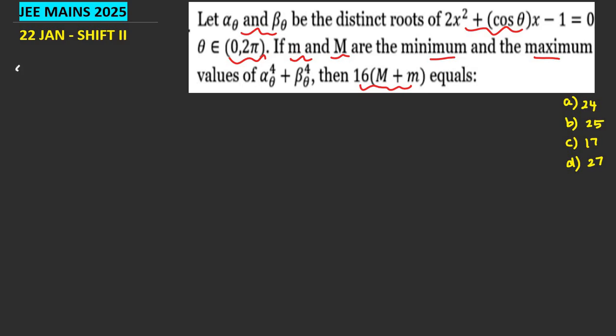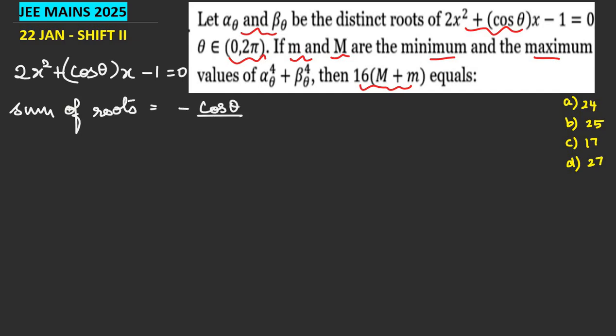So here let us first write the given equation 2x² + cos θ x − 1 = 0. Now the sum of the roots will be equal to −b/a, which gives us −cos θ/2. And the product of the roots is equal to c/a, which is equal to −1/2.